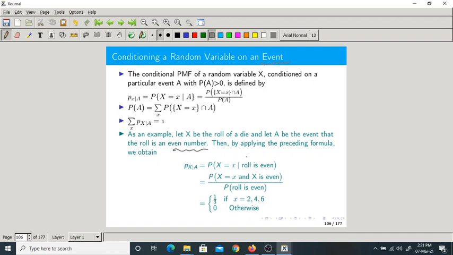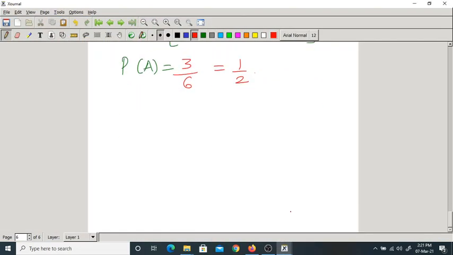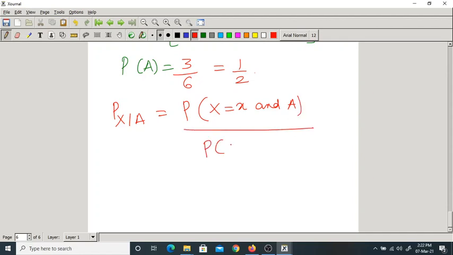This is the event A. So let me write the conditional probability here: P of X given A equals the probability that X equals small x and A, divided by P of A. This is the definition of conditional probability. X is a random variable, A is an event.